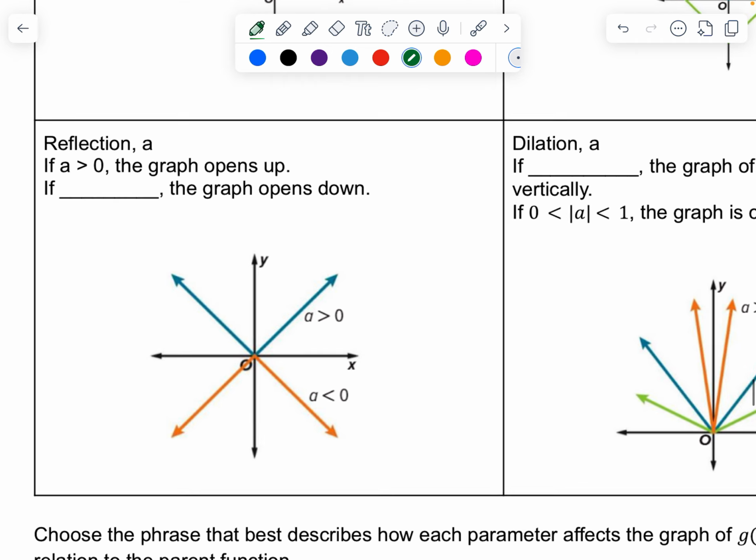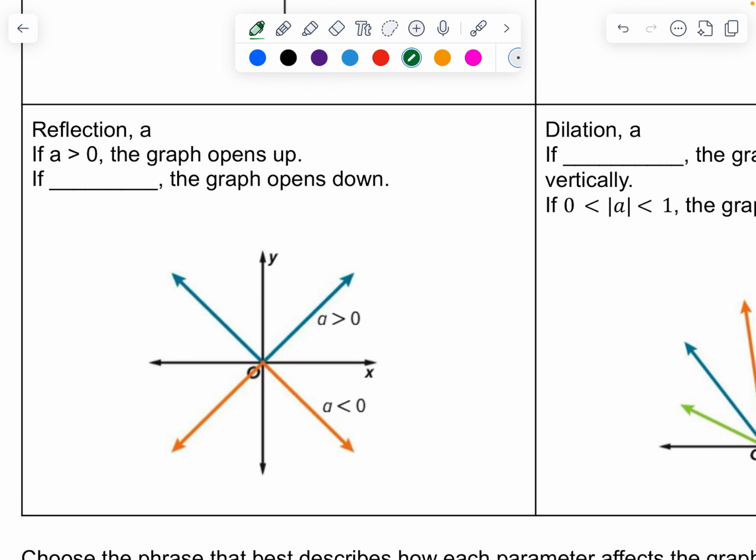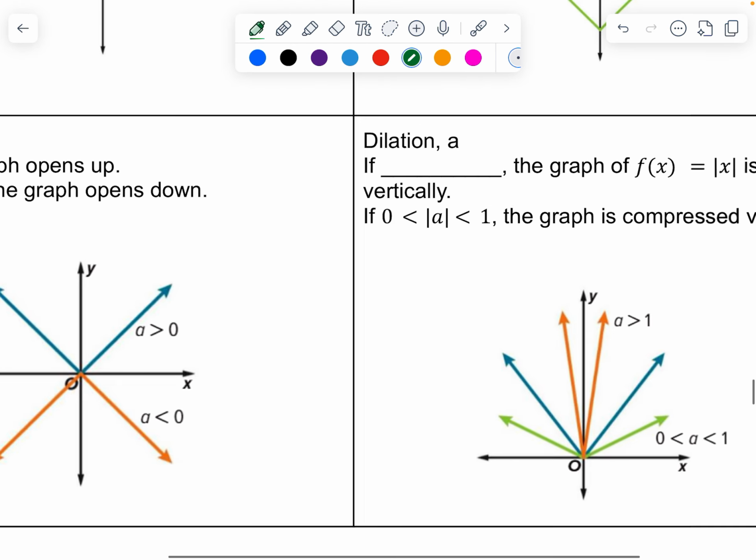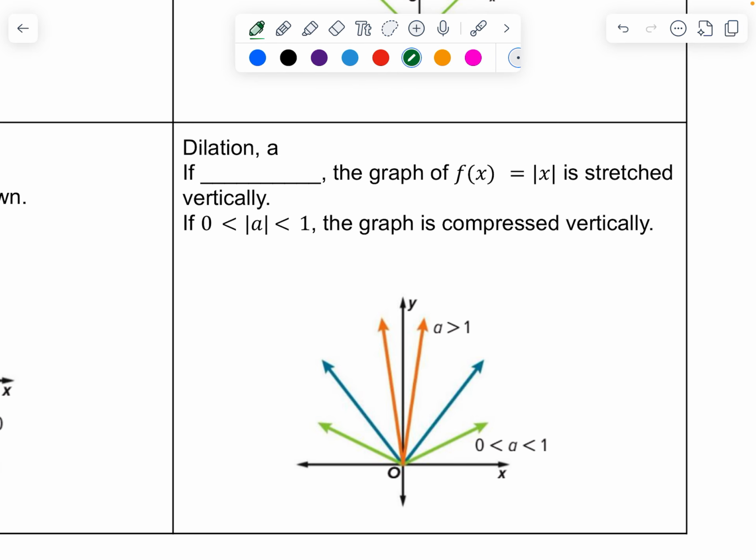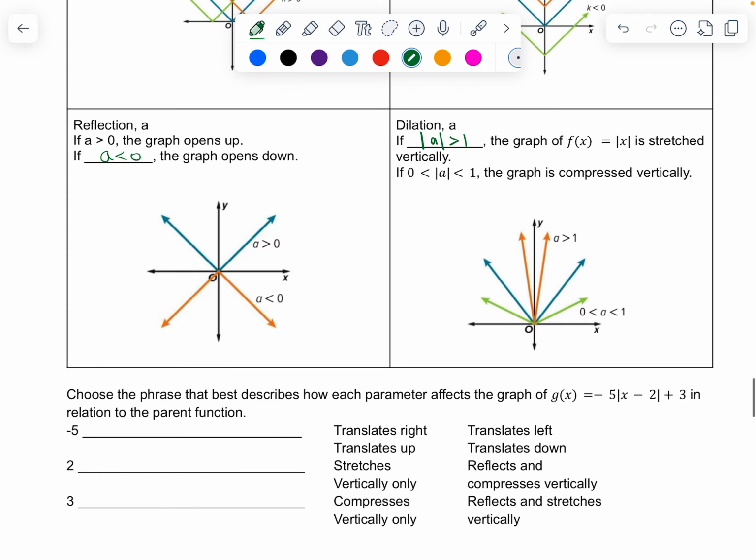If a is greater than 0, the graph opens up. If a is less than 0, the graph opens down. If the absolute value of a is greater than 1, then it's stretched vertically. If the absolute value of a is between 0 and 1, then it's compressed vertically.